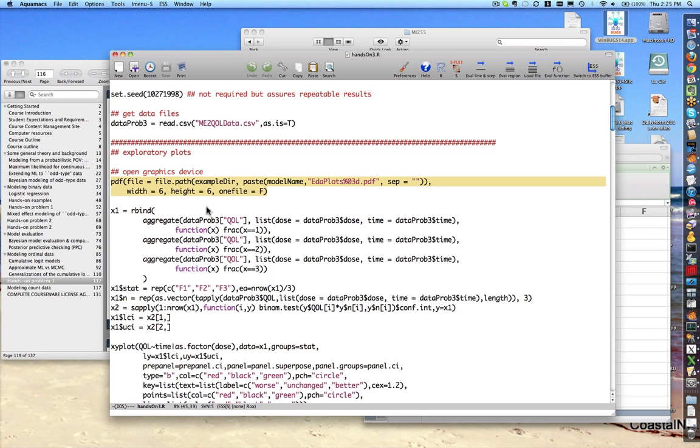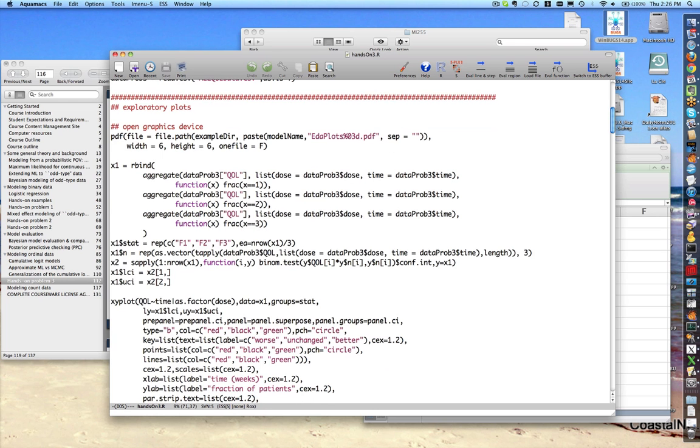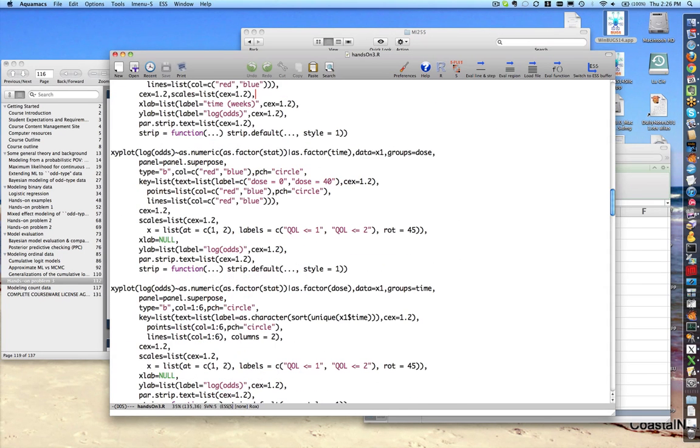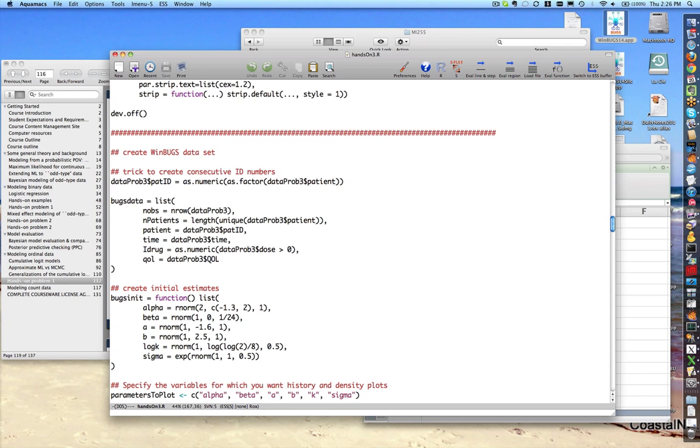Now recall the data is in the form of our raw scores, but the plots I was making were usually in terms of fraction of patients, either at a score or at a score less than or equal to a certain value. So you can see the use of the aggregate statement inside here to construct those fractions of patients. You can see how that process works in here, and then the resulting lattice plots that are done to expose that. So if you want to get a handle on that process, that's there.